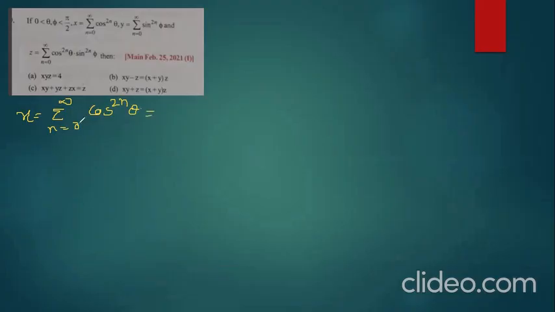Let me write the series first. If n is equal to 0, you get cos to the power of 0, that is 1. Plus, if n is equal to 1, cos square theta, plus if n is equal to 2, cos to the power of 4 theta, and so on.